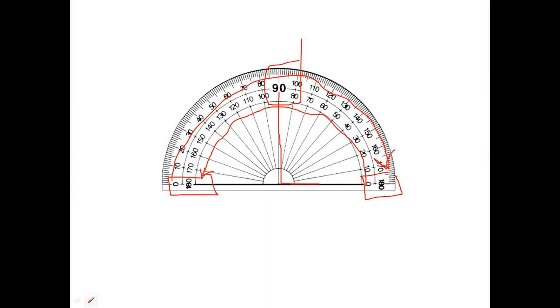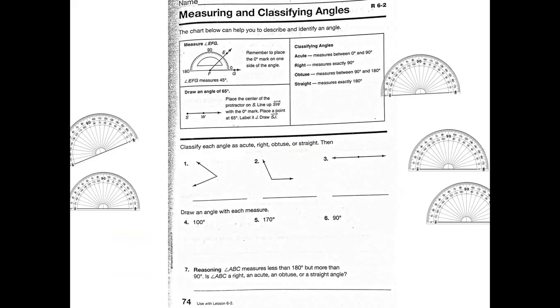I need you to have this protractor with you in order to answer the following page, R62, in your math workbook: measuring and classifying angles. Let's start from here. What will we do? Classifying each angle. Measuring, like for example this angle EFG. How can we measure it?